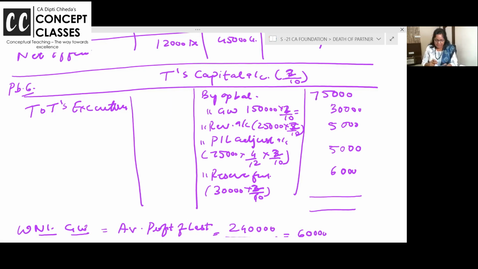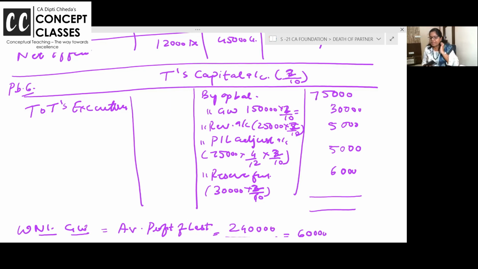Goodwill is calculated correctly. 150 into 2 by 10, 30,000. Revaluation profit 25,000 into 2 by 10, 5,000. Last year's profit 75,000 into 4 by 12 into 2 by 10. Are you all calculating with me? 30,000 into 2 by 10. Yes.